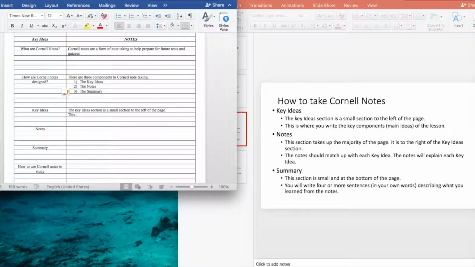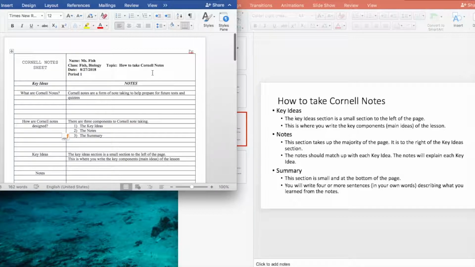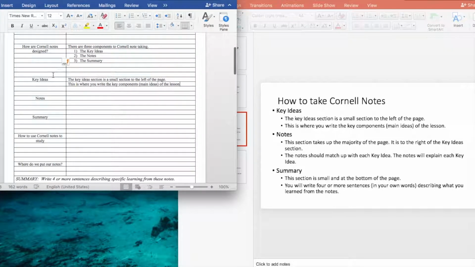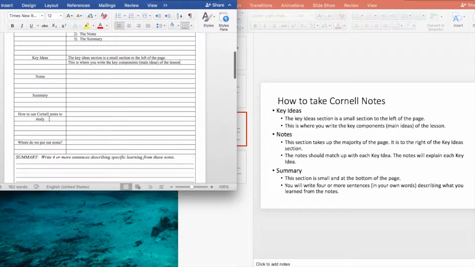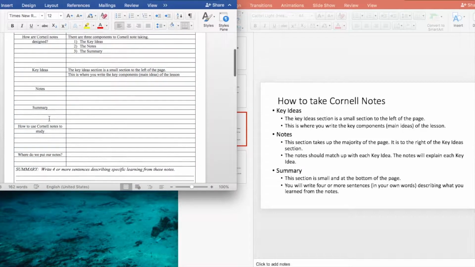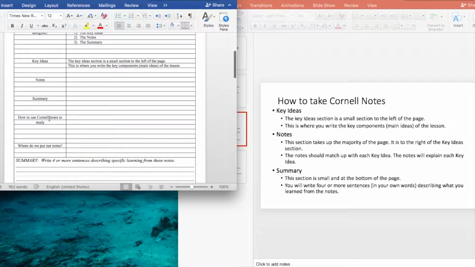This section is where you write the key components or the main ideas of the lesson. So today's lesson is talking about how we're taking Cornell notes, and here are those key ideas to taking those Cornell notes. Alright, so I wrote all my key ideas down for you already, and now we are taking the notes.